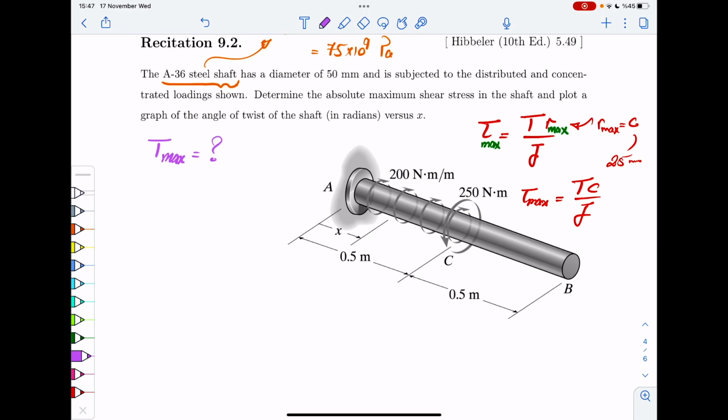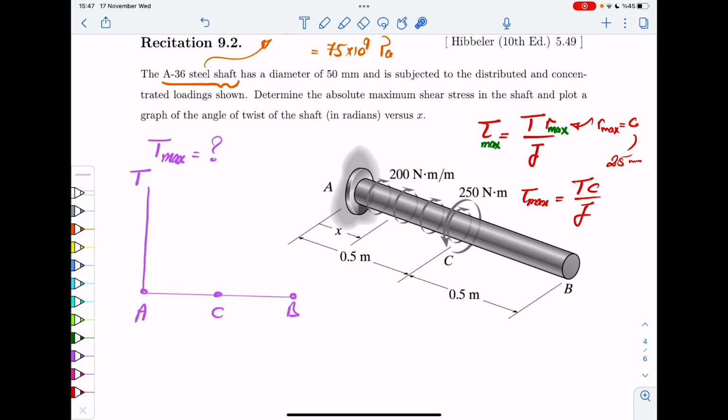All right, in order to do that, I always encourage you to draw a diagram like this and just plot the distribution of the moment. Okay, so let's say this is point B, this is point C, and this is point A. Let's just draw the distribution of torque T throughout this member, okay?